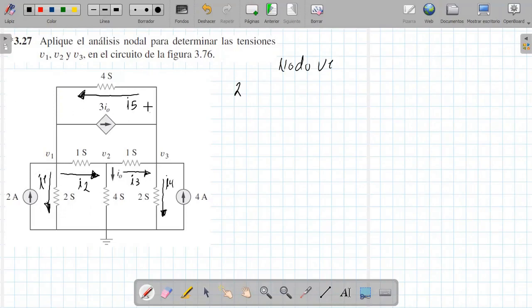Everything here enters, the 2 amperes enter with I5, and what comes out would be the current I1. The current I2 comes out, and the dependent current source comes out.